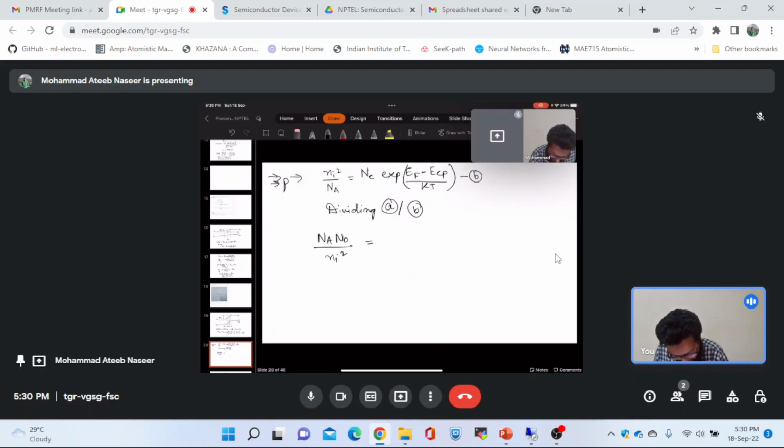NC and NC will go, and it will simply be exponential of ECP minus ECN divided by kT, taking ln on both sides.